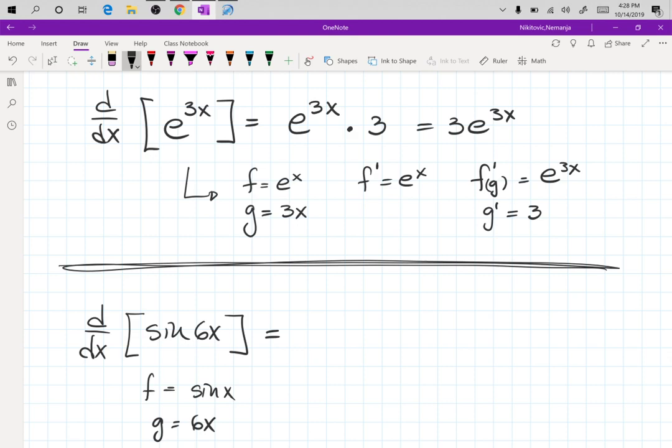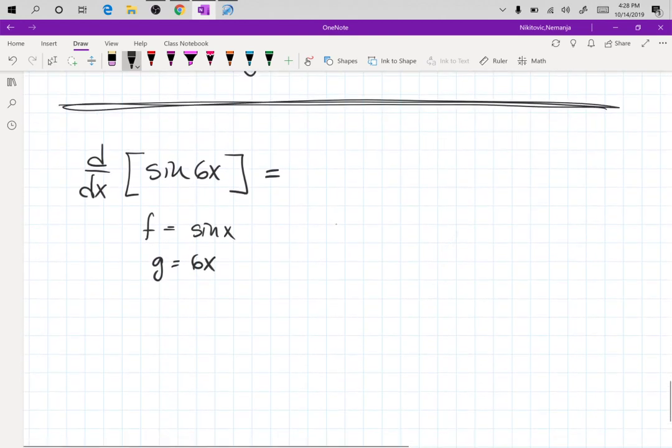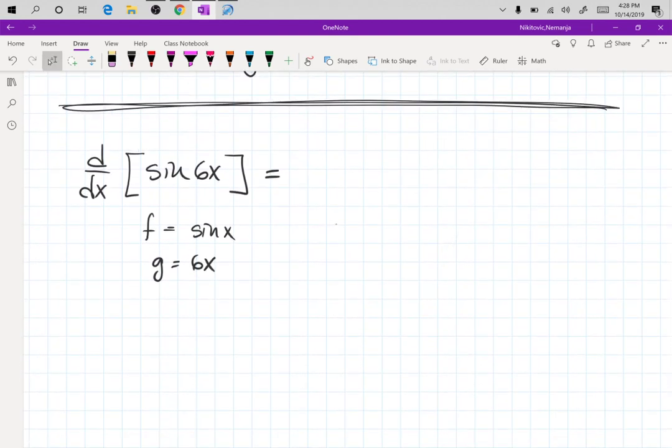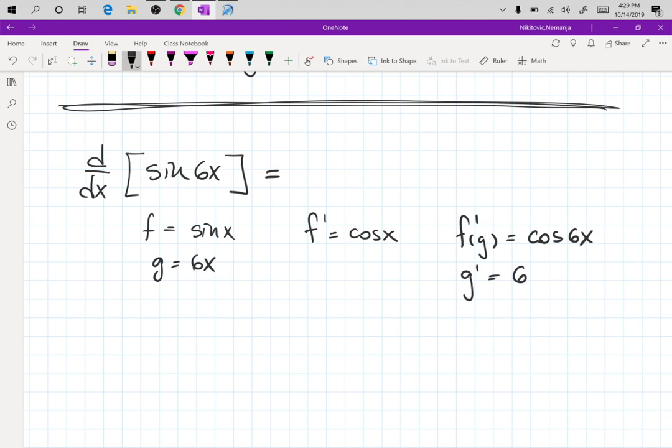G is 6x. Now, the derivative of sine is cosine x, but we need f prime of g, which means it's going to be cosine of 6x. And then g prime is simply 6.